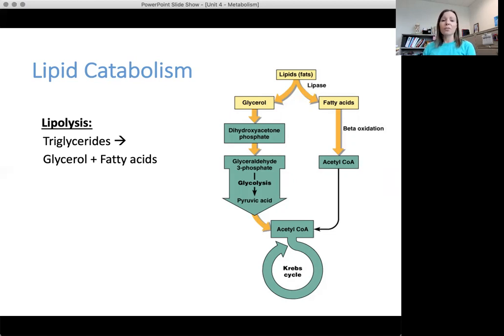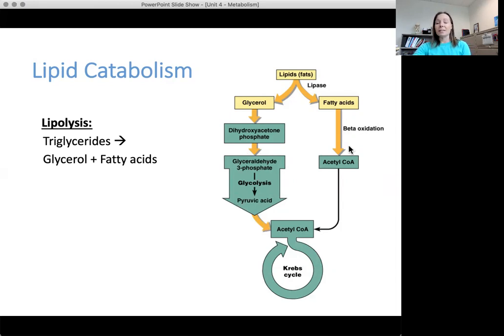But if the individual does need ATP right away, then glyceraldehyde 3-phosphate will go through the glycolysis pathway and the rest of cellular respiration in order to get ATP, since that is needed right away. So that's what happens to the glycerol. It'll go through glycolysis, the Krebs cycle, and the electron transport chain to make a lot of ATP.